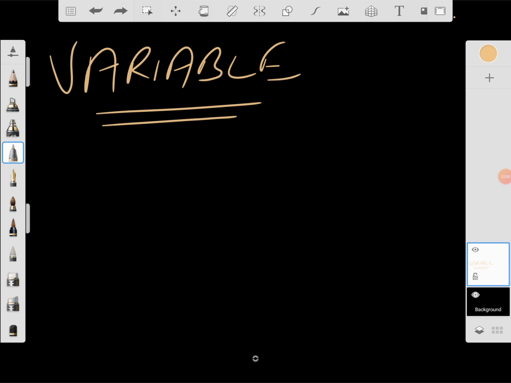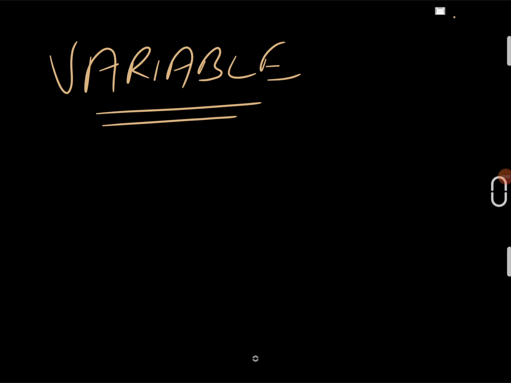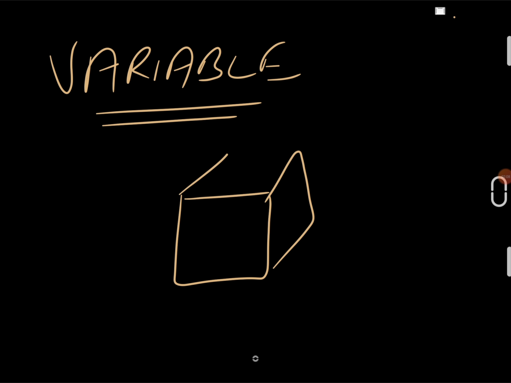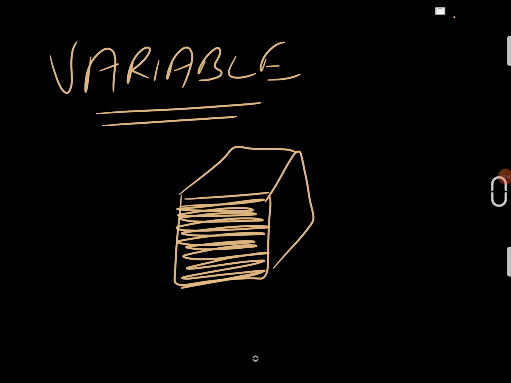The definition of variable is, it is like a box. In this box you can put many things. If you consider this box as a variable, you can consider it as x, maybe. And what you put in that box, that is the value of x.